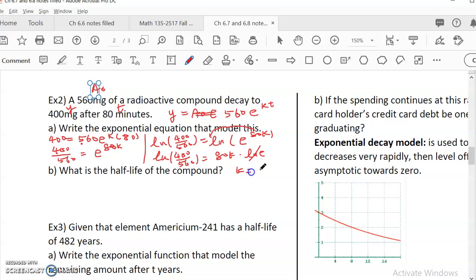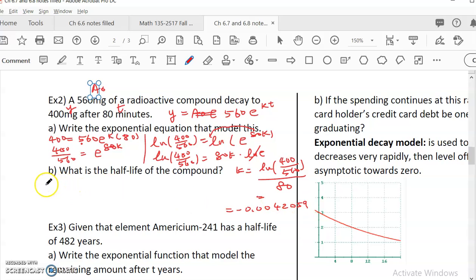So k would equal ln of 400 over 560, divided by 80. Put in the calculator, I got k equal to negative 0.004259. Okay, so that is k.